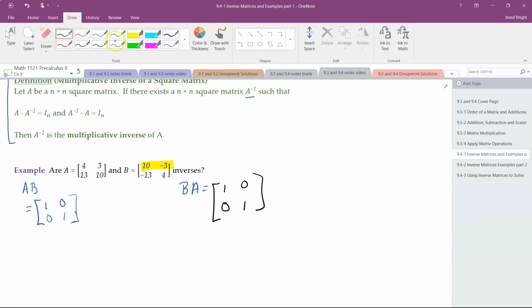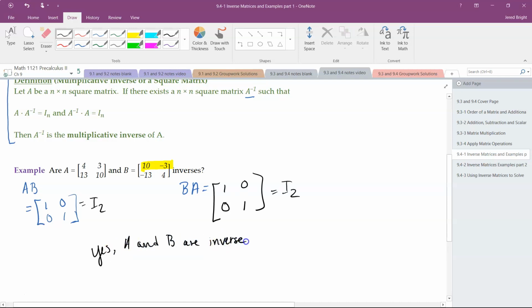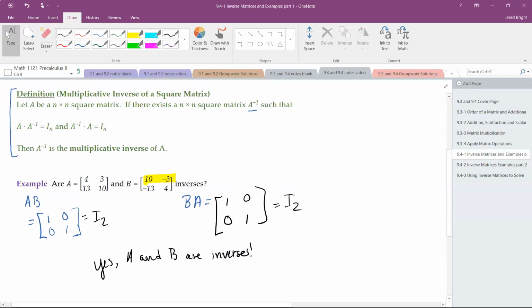So I'm going to say yes, since they are both the identity matrix of order 2 by 2, A and B are inverses.